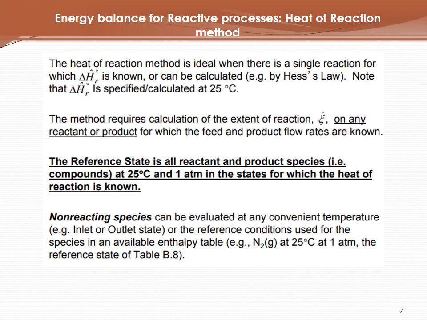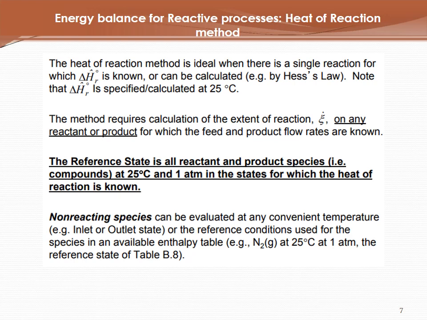Now you must know the value for extent of chemical reaction on either a reactant or a product, and you must know the feed and the product flow rates for any one reactant or product. So when you know the extent of chemical reaction, then you can use this technique, which is the heat of reaction method. And you also note that the reference state for the reactants and the product species are 25 degrees Celsius as temperature and 1 atmosphere pressure.